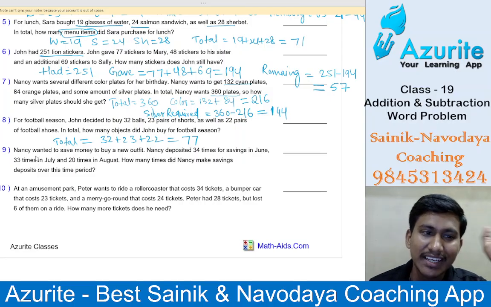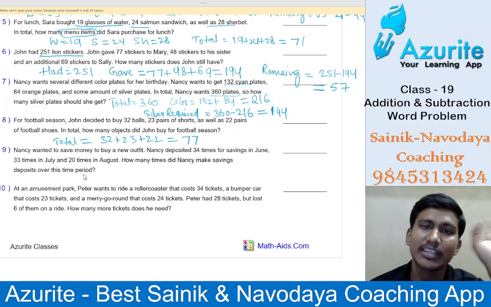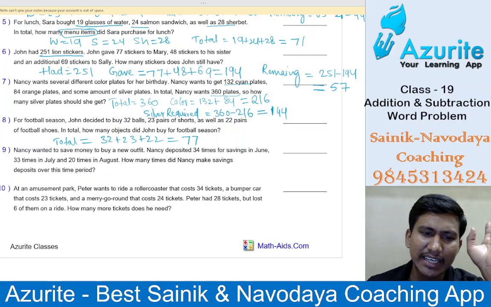The 9th one. Nancy wanted to save money to buy a new outfit. Nancy deposited 34 times for saving in June, 33 times in July and 20 times in August. How many times did Nancy make saving deposits altogether? Total times.